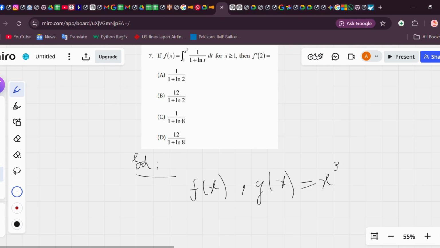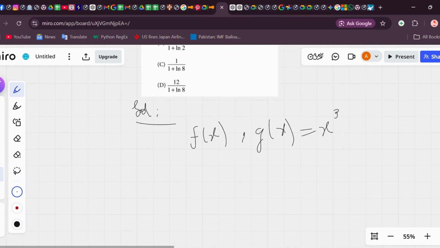Now we are moving towards using the formula, in which g of x will be used in place of x, and there will be the derivative of g of x.